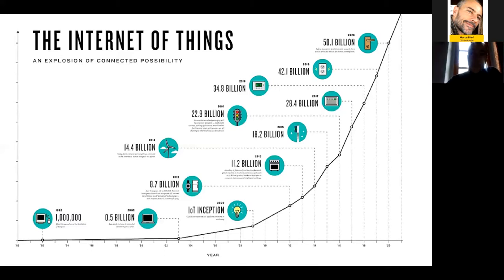But as I said in the introduction of this presentation, it is very important that this data and information become decision support. Internet of Things is just a piece of the puzzle. To have the real benefit, you need the whole puzzle completed.